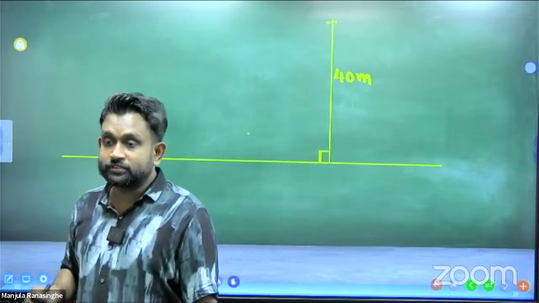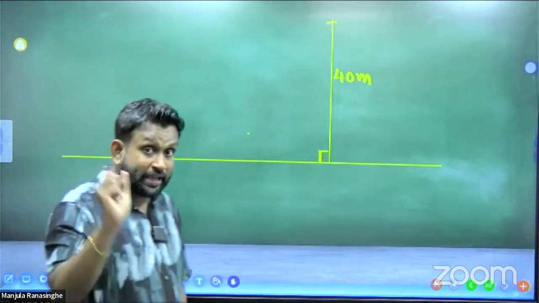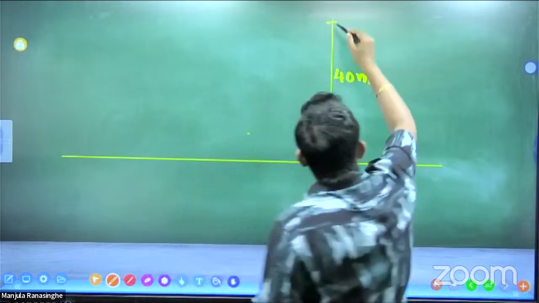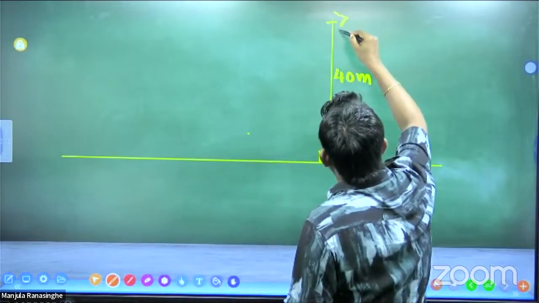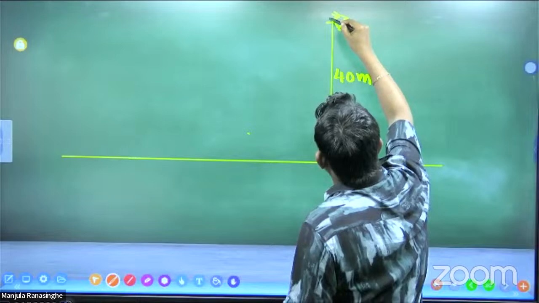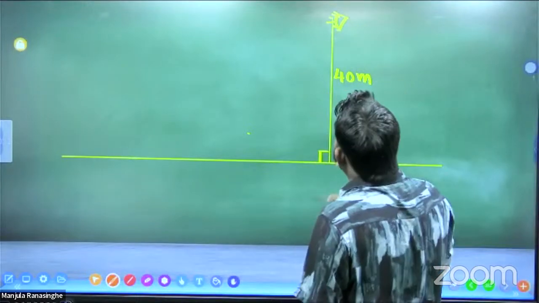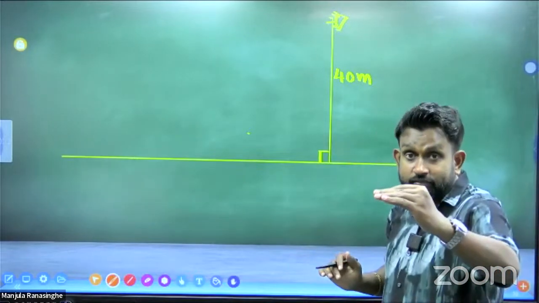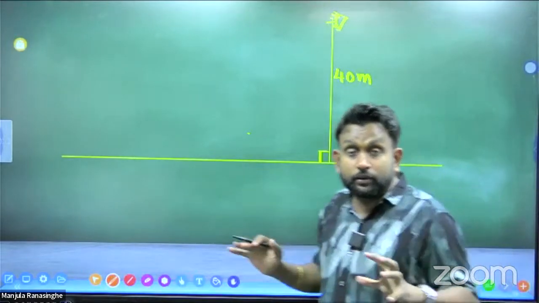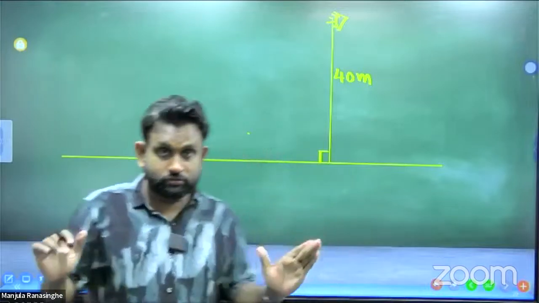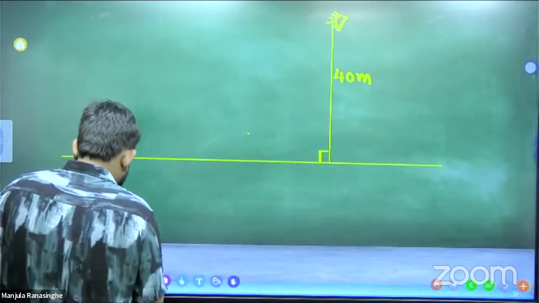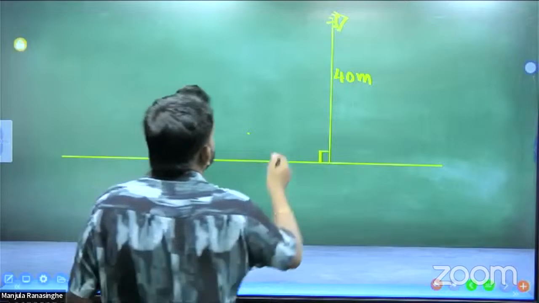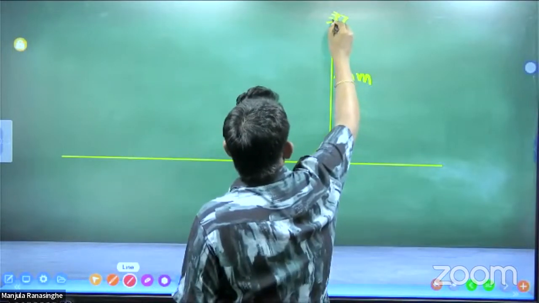Observes a car traveling towards him with an angle of depression. How the angle of depression? Now this is the person, the observer there. If I draw an eye, this is his eye. So we can draw the looking point and eye level. In our O-level math questions, the eye level is always horizontal. So now we check the eye level here. You can see this is my eye level.